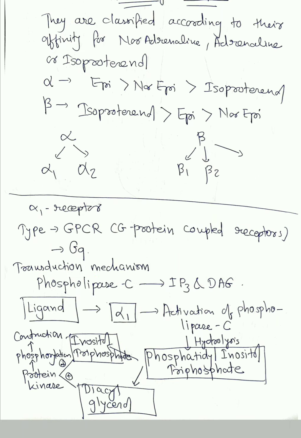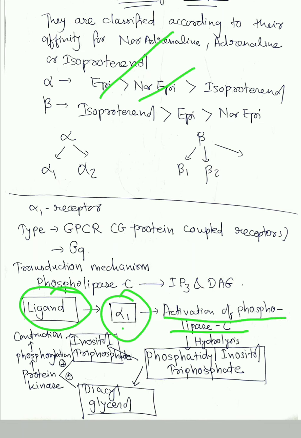Now let me tell you how it works. First of all, any ligand, in this case noradrenaline or adrenaline, will bind with the alpha 1 receptor. Then what will happen? Activation of phospholipase C. Now as I told you earlier, when something ends with ASE, it means it is an enzyme.